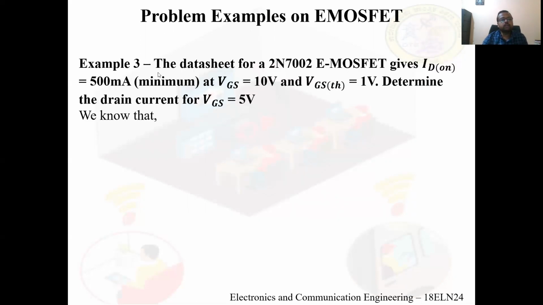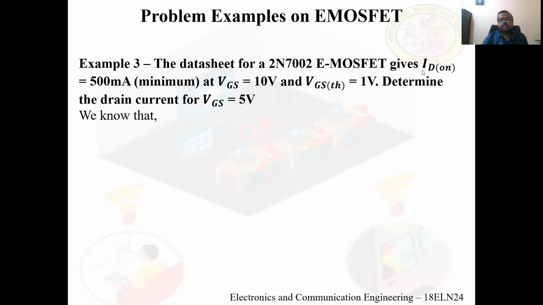Now we'll go to the third problem. The data sheet for the 2N7002 enhancement MOSFET gives ID(on) equal to 500 milliamperes minimum at VGS is equal to 10 volts, and VGS(th), the threshold voltage, is equal to 1 volt. Determine the drain current for VGS is equal to 5 volts. Now here, this is similar to the first problem.